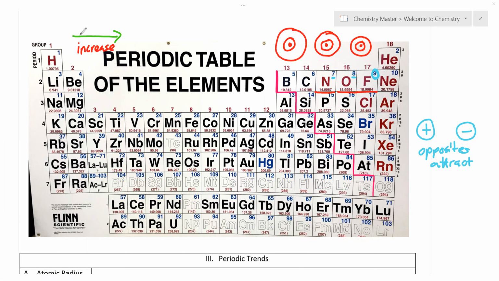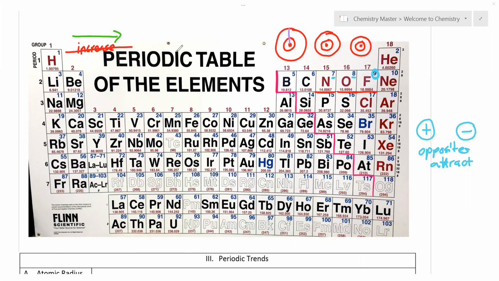Realistically, it sounds weird, but this is not the case. As you go across a period, the attraction between the protons and electrons, which are on the rings, increases. Because of that, the radius gets smaller.